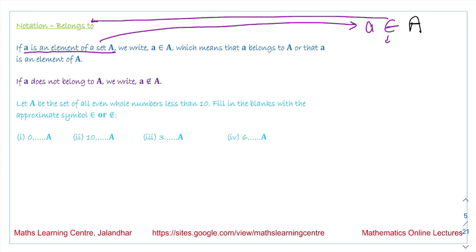We read it like a belongs to capital A. This small letter a represents the element, and with the capital letter we are representing the set. So we are saying this is an element of A, we are saying it belongs to A.